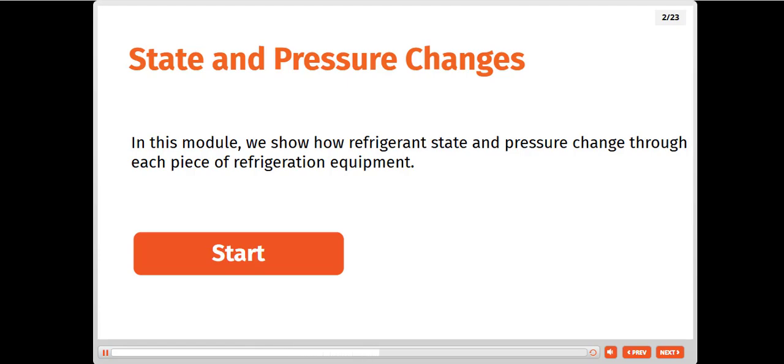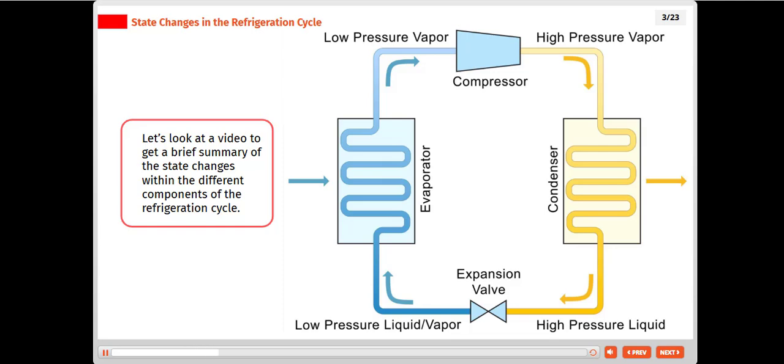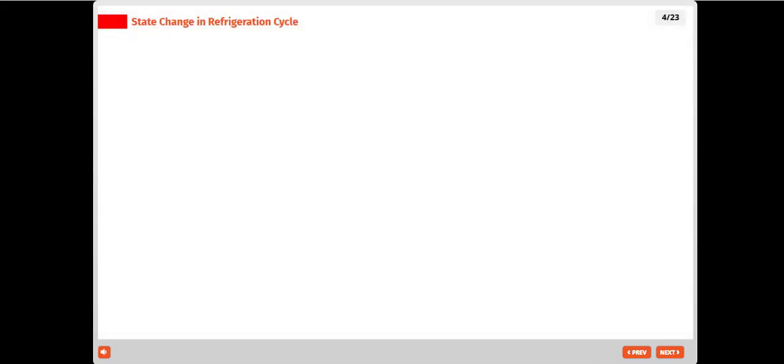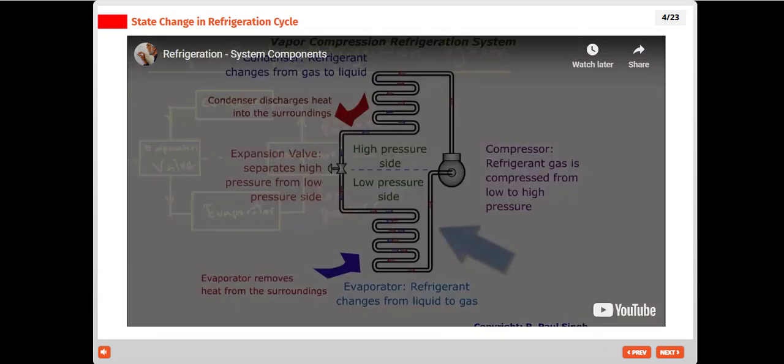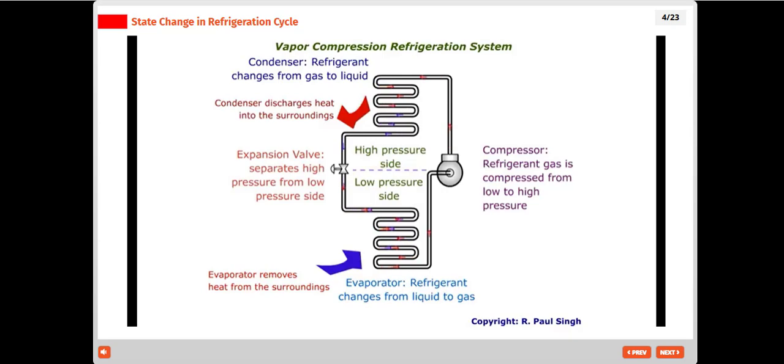Let's look at a video to get a brief summary of the state changes within the different components of the refrigeration cycle. In this animation, the color of the arrows indicates the condition of the refrigerant. The red arrow means that it is in a vapor state, whereas the blue arrow means that it is in a liquid state.